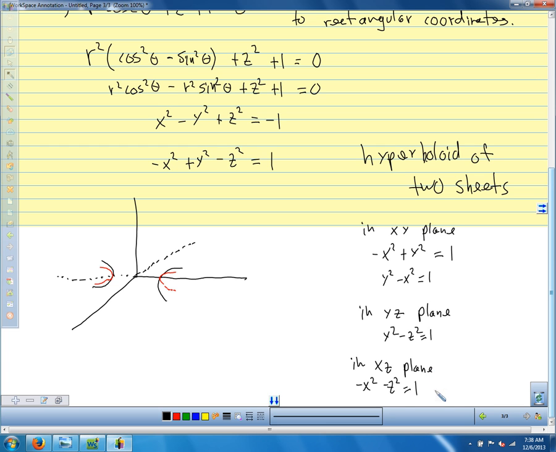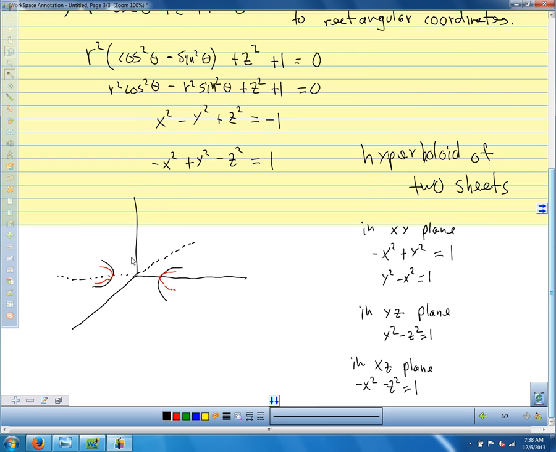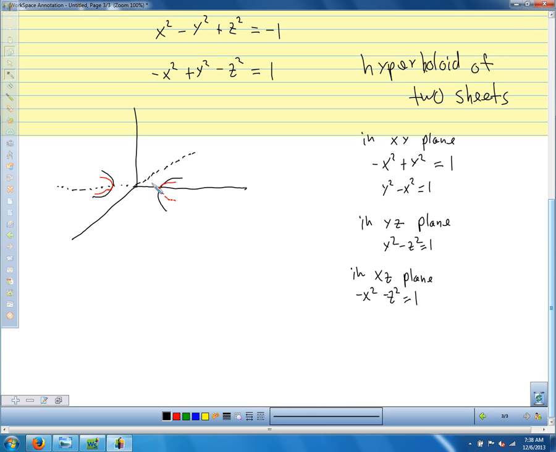In the real number system, this isn't going to work. So this is impossible. There's no trace in the xz plane, so the surface doesn't touch this plane.